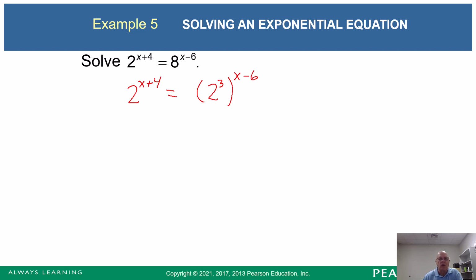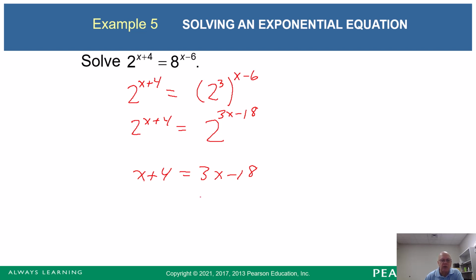Next, we've got a power to a power on the right, so 2 to the x plus 4 equals 2 to the, multiply the 3 times the x and the 6, 3x minus 18. And now you know the rule. That means this exponent must be equal to this exponent. And we just solve that equation.